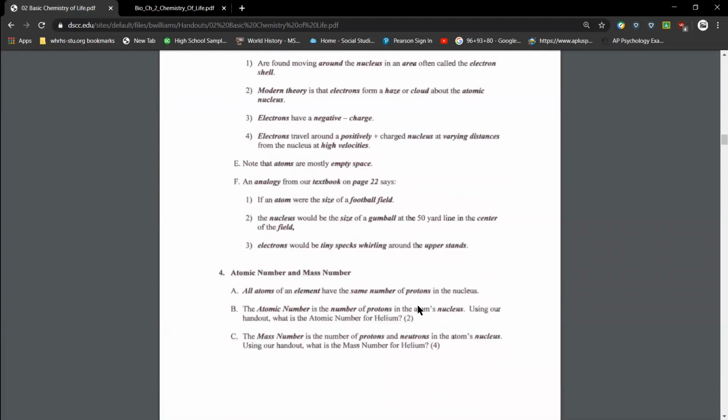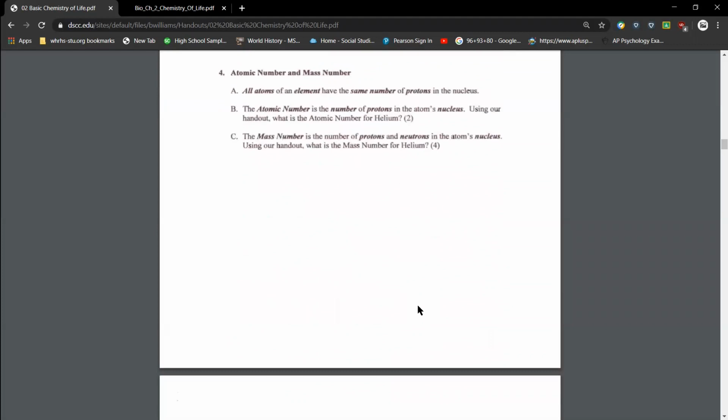So, atomic number and mass number. This is applying protons and neutrons to get some numbers about these atoms. Atoms make up elements, and if you know what the periodic table of elements is, that's just a table with all of the different types of elements.